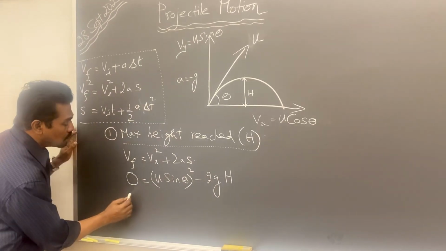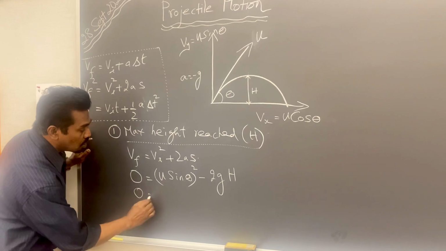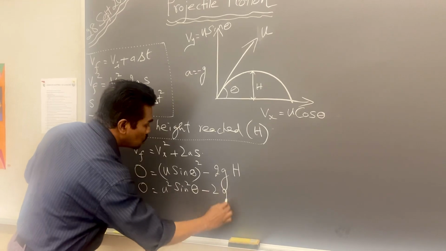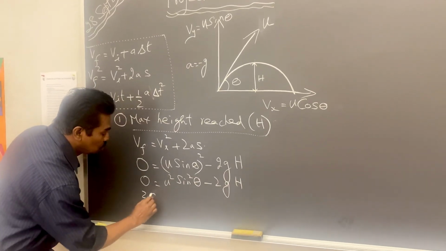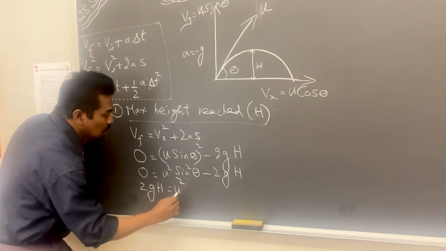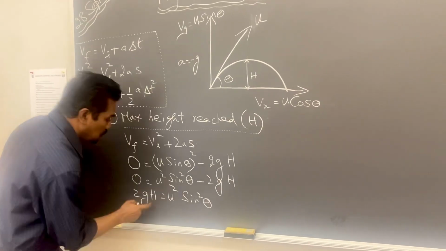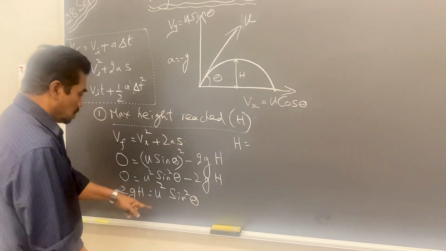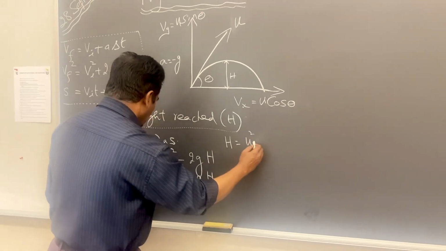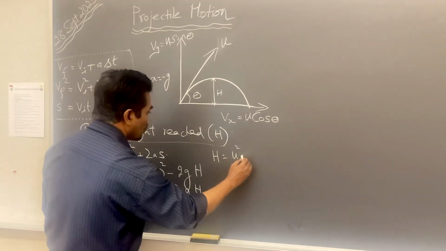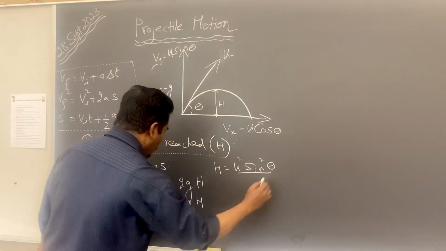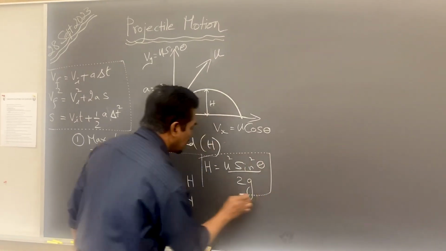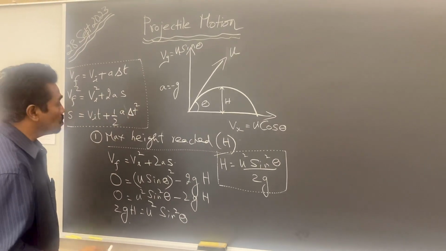Now you can simplify: 0 is equal to u square sin square theta minus 2g height. So 2g height will be equal to u square sin square theta. Our aim is to calculate the value of h, so h is equal to u square sin square theta over 2g. This is the maximum height attained by a projectile body.